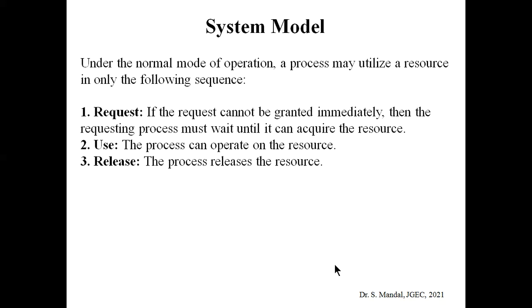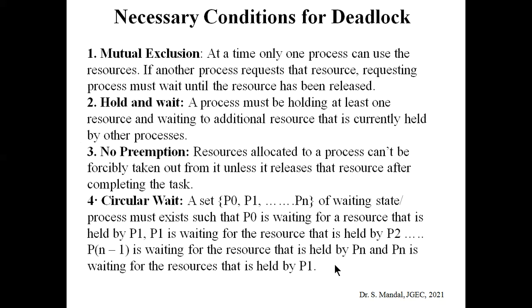And release means that when the use of the resource is over, it will release the resource, and that resource can be used again by other processes or the same process. So that is the sequence to utilize a resource: request, use, and release.